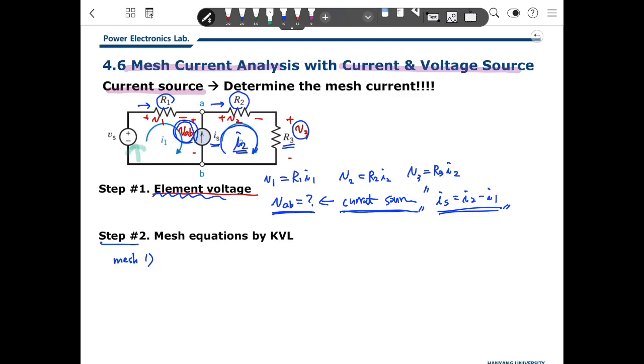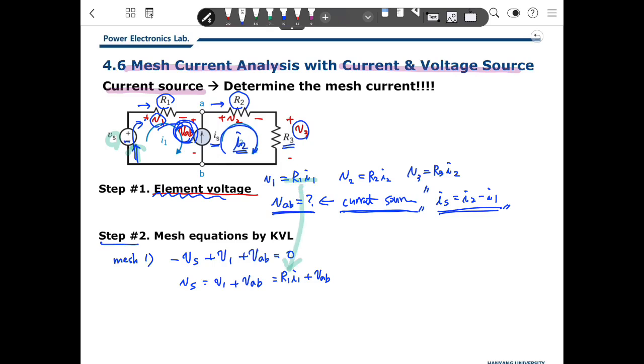We meet first Vs, minus, so we write minus Vs, and we meet V1, so plus V1. And we meet VAB, plus VAB, and the sum will be 0. So here we got Vs is V1 plus VAB, which is R1 I1 plus VAB. The R1 comes from here.